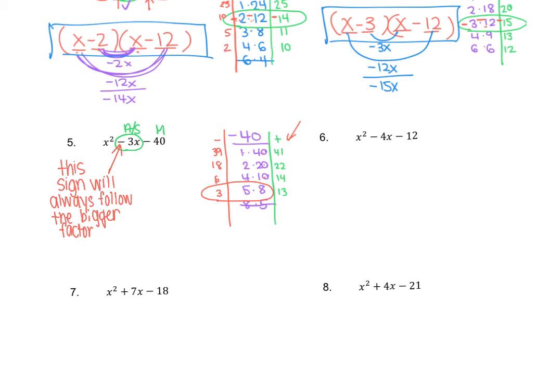If this is positive, the bigger factor will always be positive. Because think about it. If this is negative, your bigger factor needs to pull it into the negative numbers. If this is positive, your bigger factor needs to pull it into the positives, right? Like if you owe somebody money, it needs to reflect that. Your total needs to be negative.